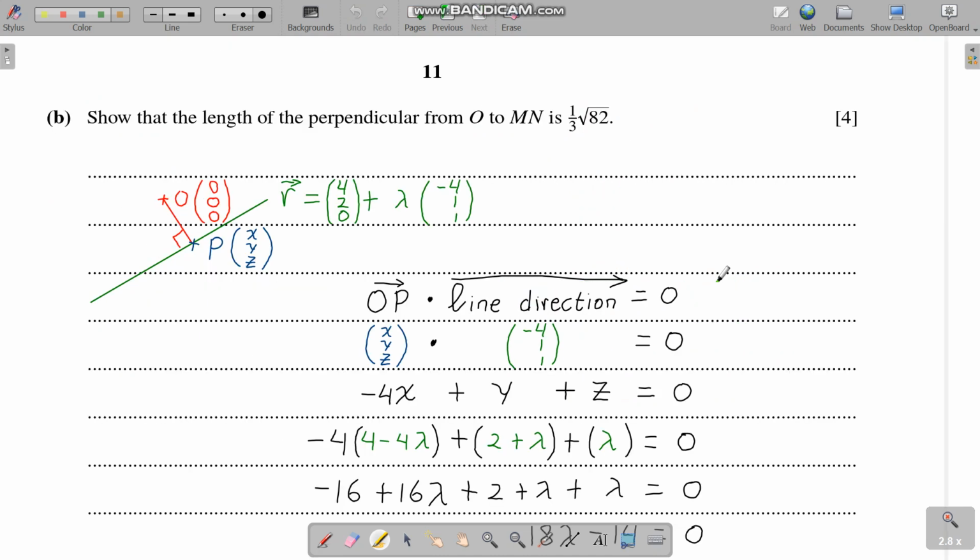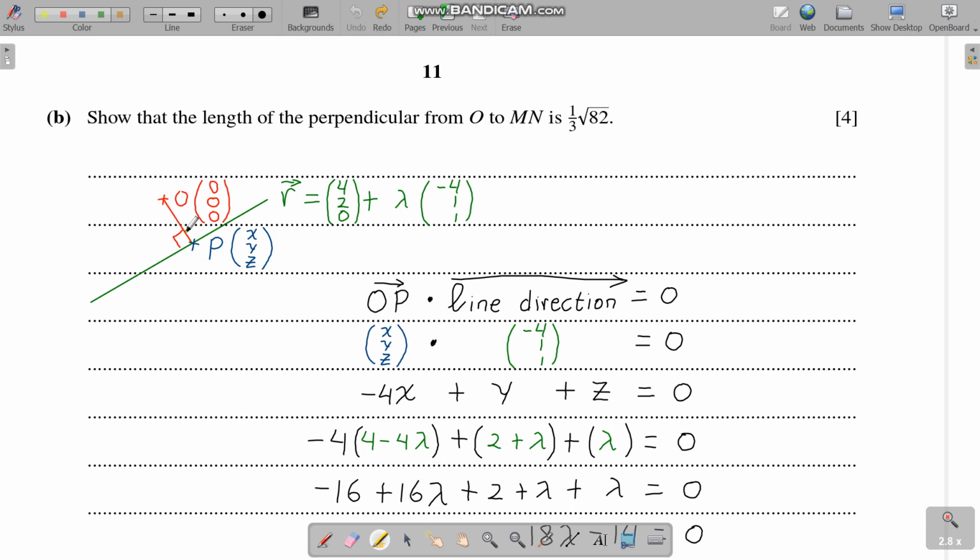Show that the perpendicular length O to MN. So we start by drawing a sketch. This is, say, the line equation, and let's say this is point O, and the foot of perpendicular, let's say it's point P. We don't know the coordinates yet, we're going to call it x, y, z, and it's perpendicular, so the vector OP dot the line direction equals 0.